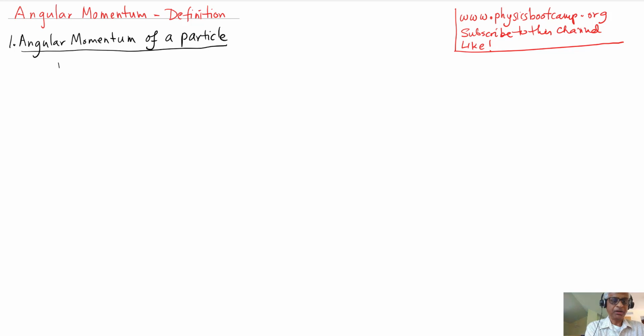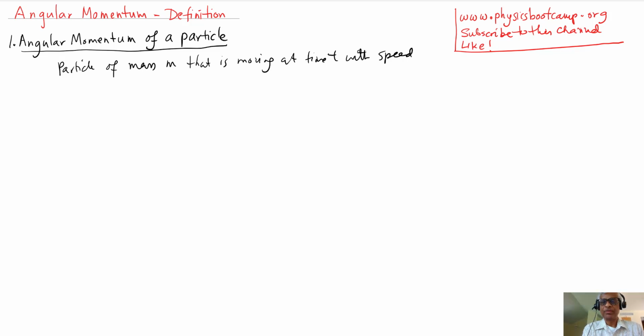So we have a particle of mass m that is moving at time t with velocity.